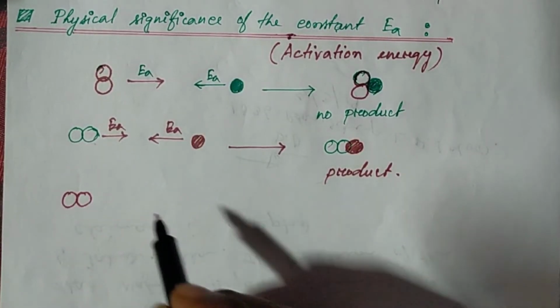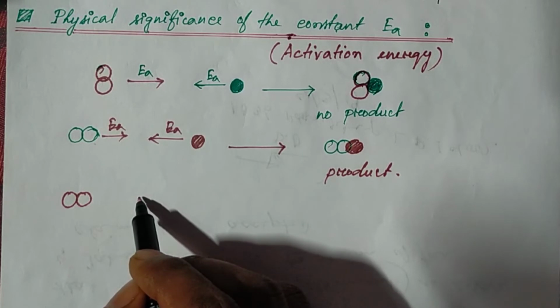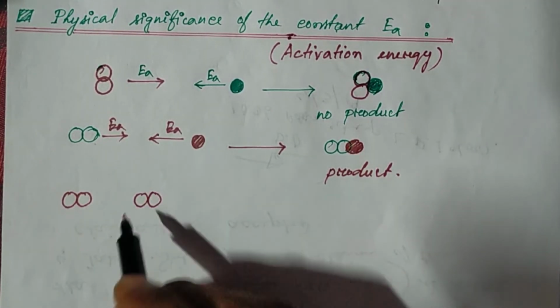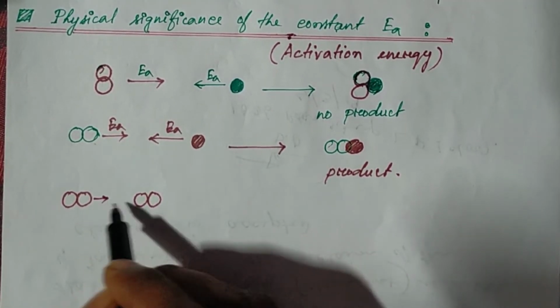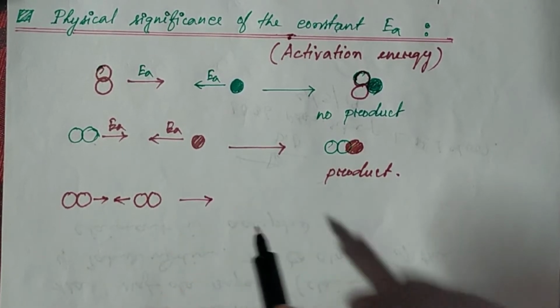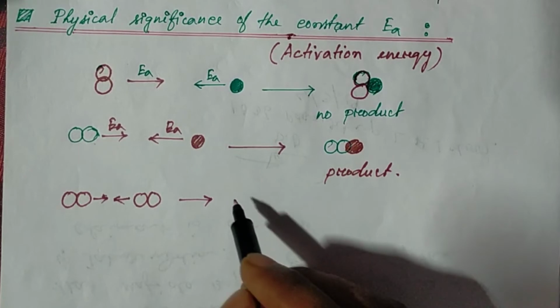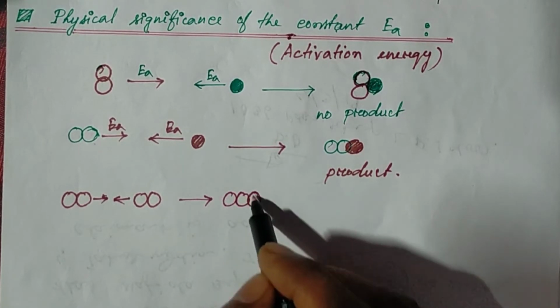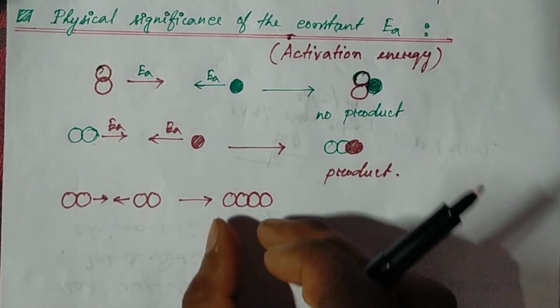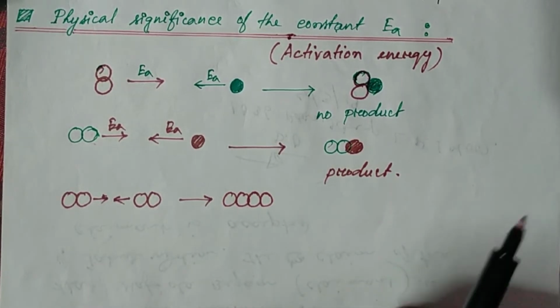Okay, now let's discuss the physical significance of EA. Suppose this is one molecule, and this is another molecule, and they are going to collide. Then it will give a product like this, but this product will be a minor product.